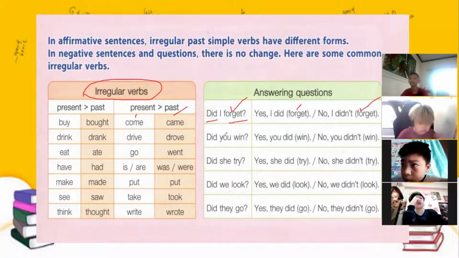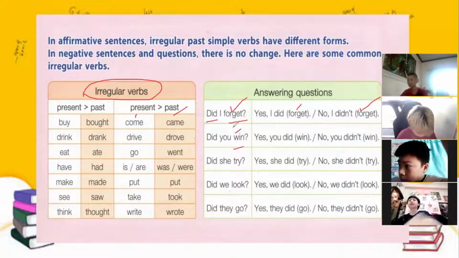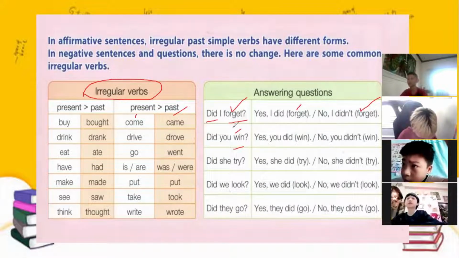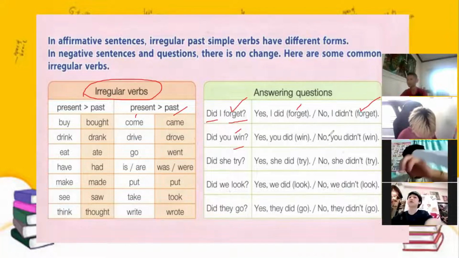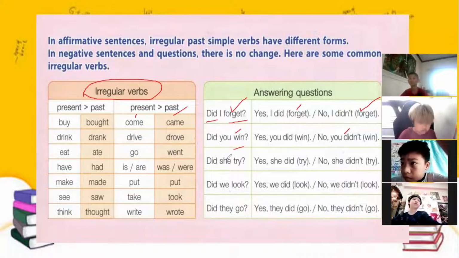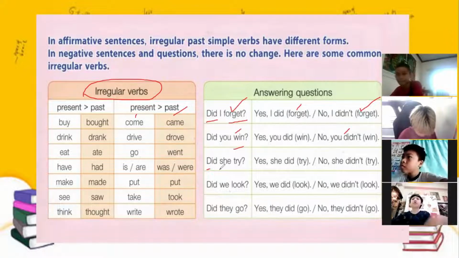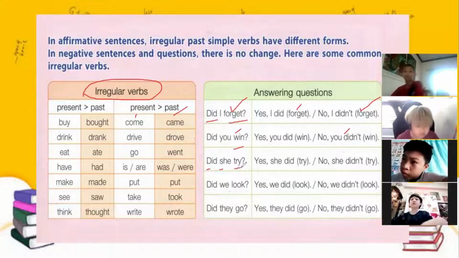Similar, another example, question sentence: did you win? You can see win is the first form. It is unchanged. Now the answer would be yes, I did win, or no, I didn't win. Another example, did she try? You can see try is the first form, right?